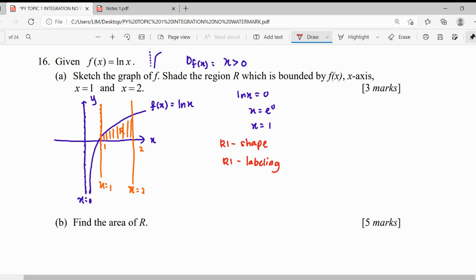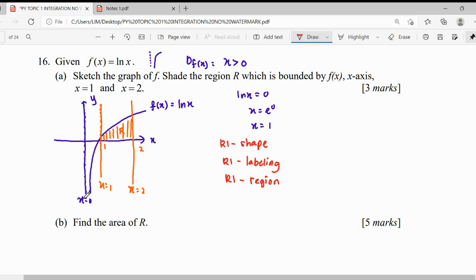Another mark is for the region. You have to shade the region and show where the region is, bounded by the curve function, the x-axis, x equals 1, and x equals 2. This is the place that we want.